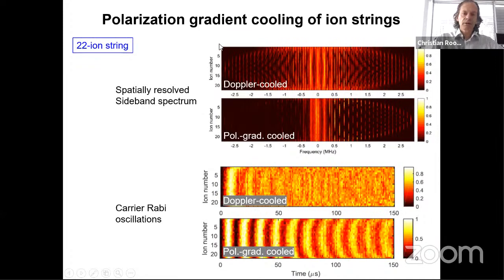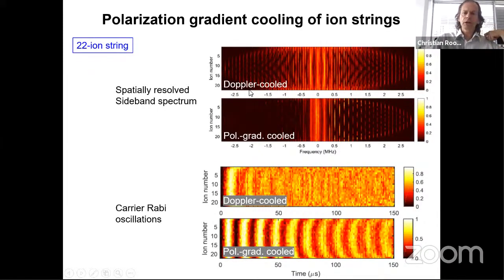And here the fluorescence was measured in a spatially resolved way by using a CCD camera, which explains the form of this excitation profile, because the lowest frequency modes that you have here correspond to modes where mostly the ions in the center of the string are excited, whereas the higher frequency modes here are modes where all ions get excited.